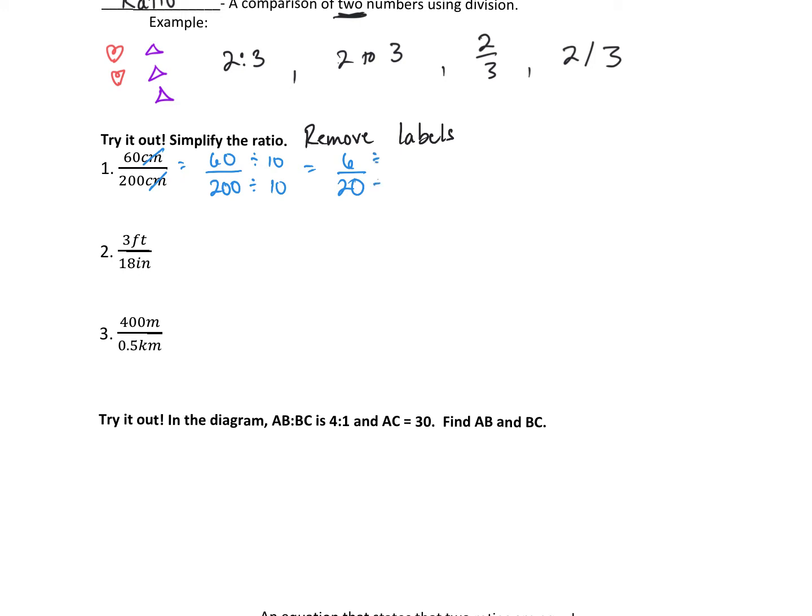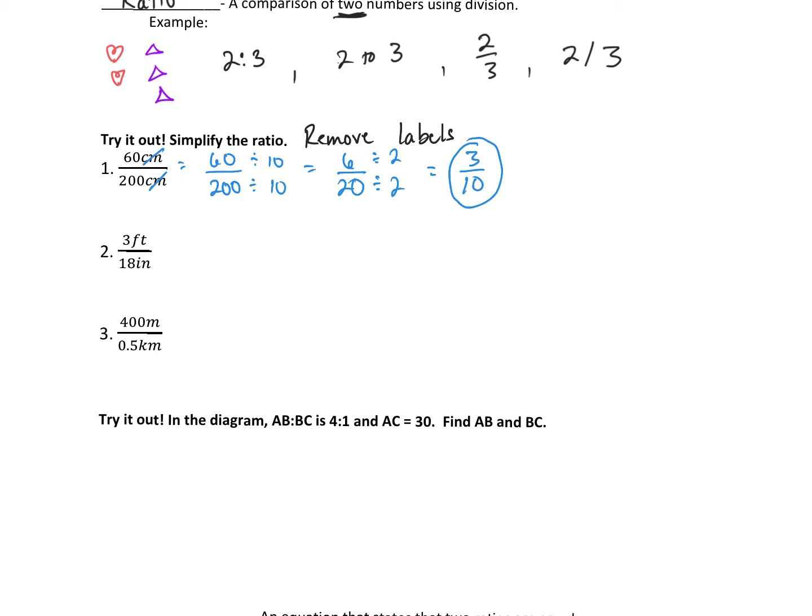Let's say by 2. That gives me a 3 and a 10. We can't reduce 3 and 10 anymore. So my most simplified ratio is 3:10.